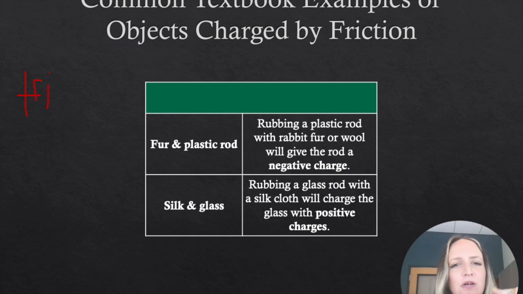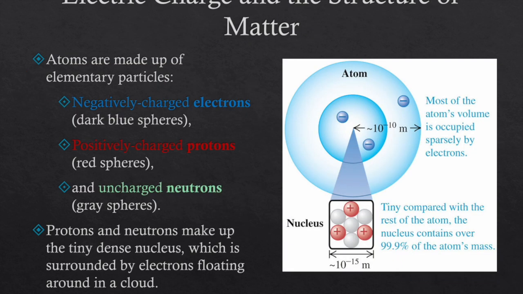Okay, and so let's talk a little bit more about this gaining and losing charges. What do I mean by that? You may recall from chemistry the shell model of an atom, right?